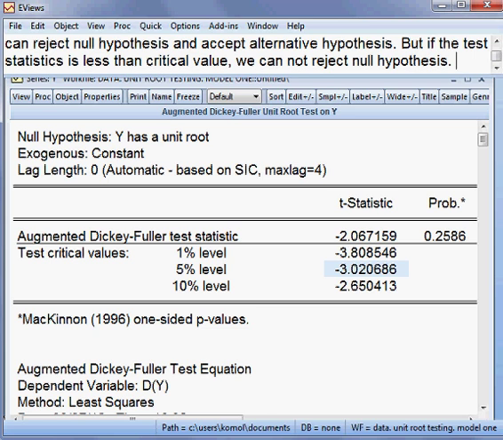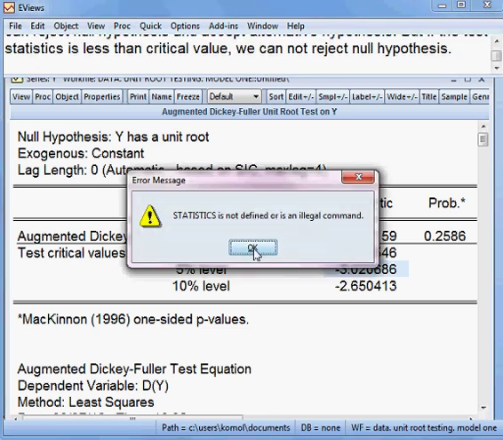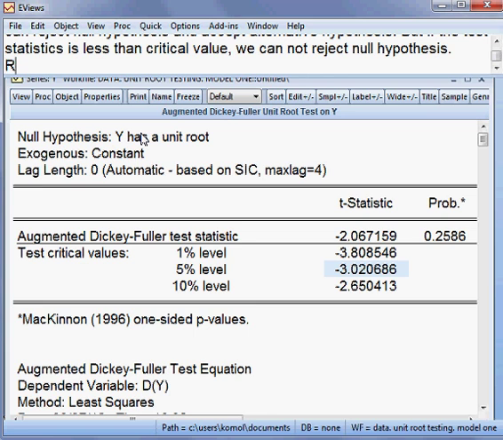Rather, we accept the null hypothesis. So that is the guideline all the time.